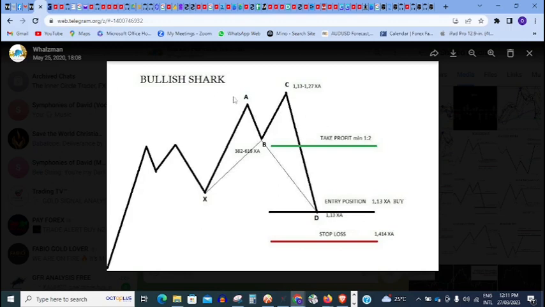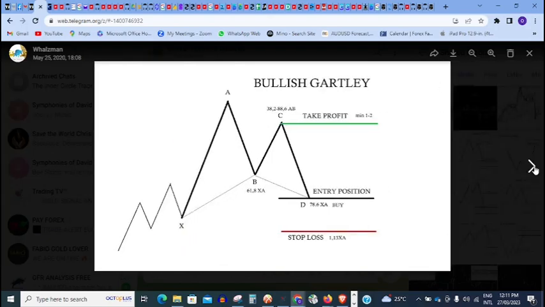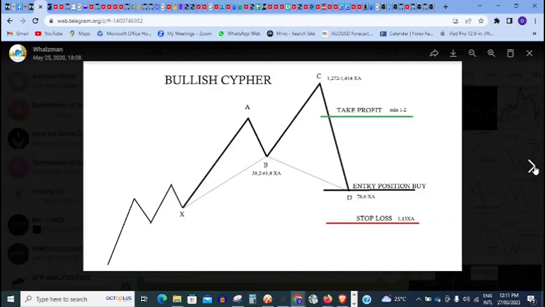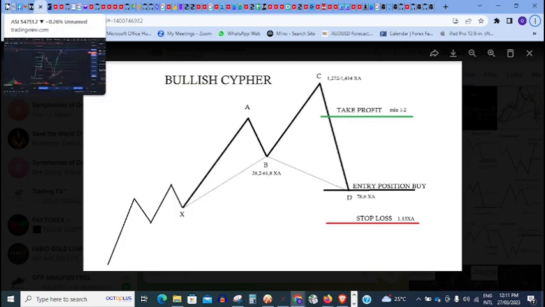But in case the bullish shark fails, it will go and form a bullish cipher. For the bullish cipher, we find resistance around 1.27 and 1.41. So let me go back to the chart.